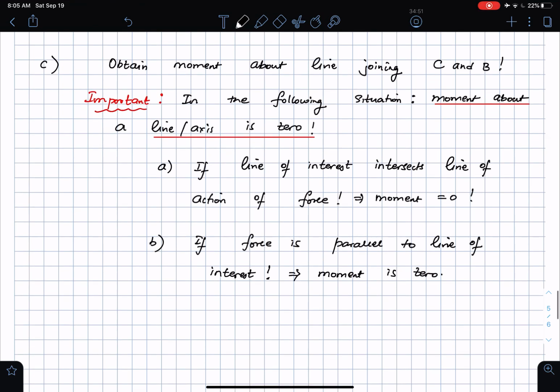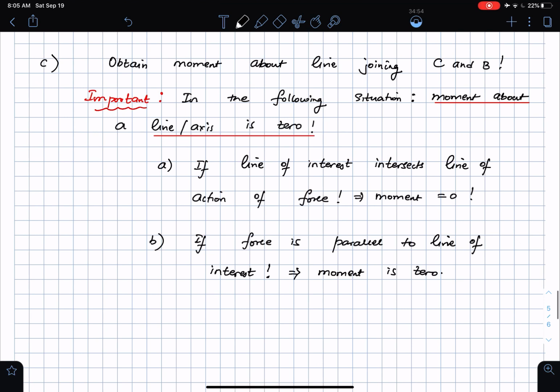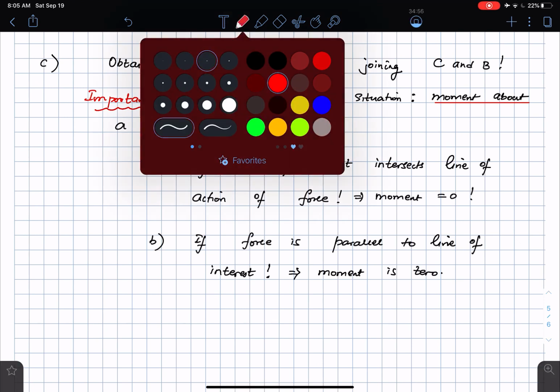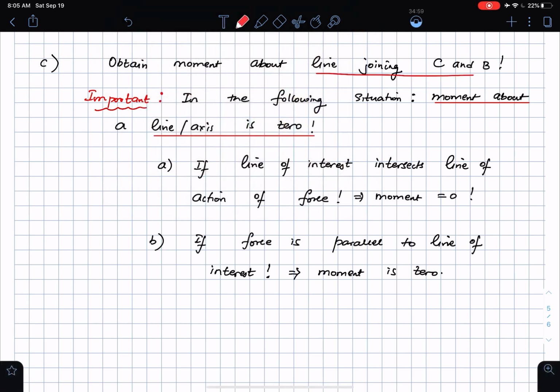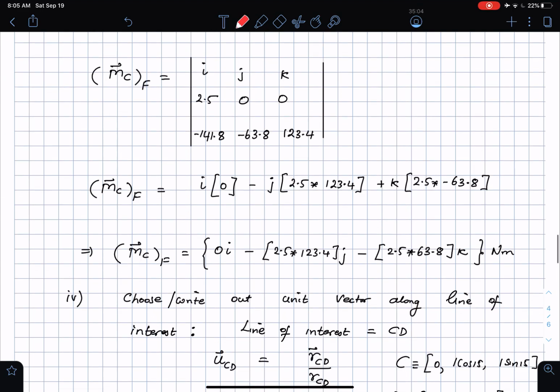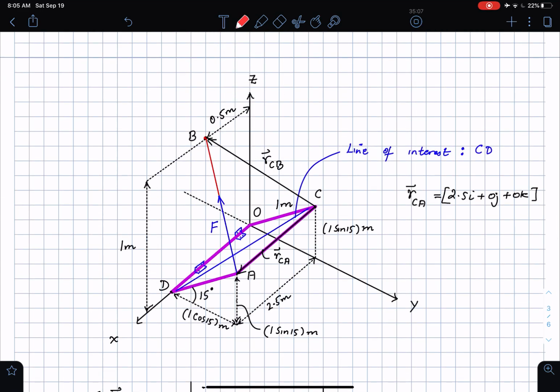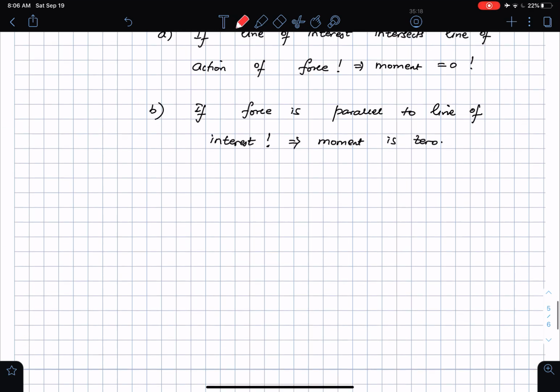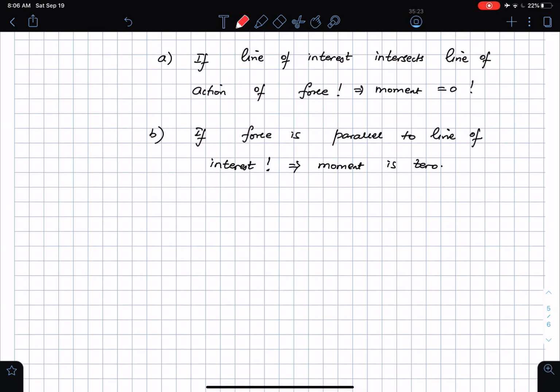So if I go back to my statement here, I'm asked to find the moment about the line joining C and point B. But you see, point B is a point on the line of action of the force, right? I can go back here to my figure. If I want to find the moment about a line joining C and B, the point B is a point on the line of action of the force, which means this force cannot produce any moment about that particular line. That's what I'm going to be writing down here, and you can go back to my figure, of course, and take a look at it.